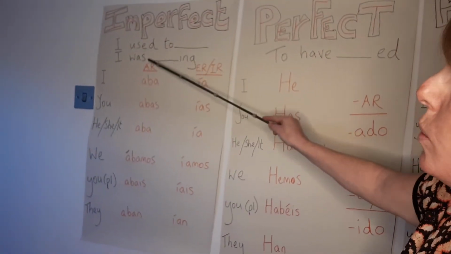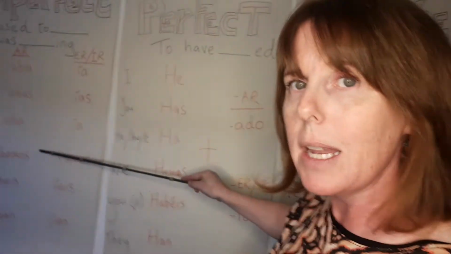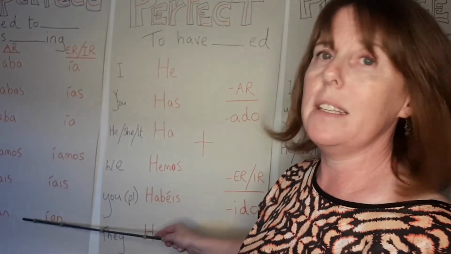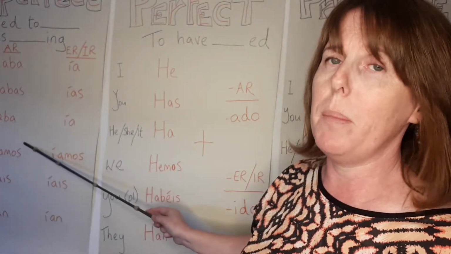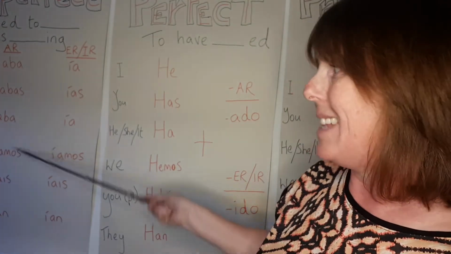So for the imperfect one, which is the 'I used to' or 'I was something-ing', there are only 3 irregulars for that tense, okay? 3. That's all you've got to learn. So all of that pattern is fantastic. It's a good tense to remember, because it's quite easy stem endings to put on.